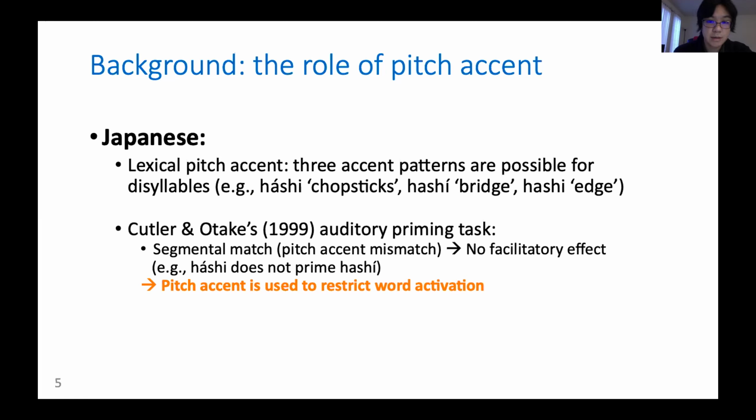Cutler and Otake conducted an auditory priming task, and they found that when primes and targets are matched segmentally, but mismatched in terms of pitch accent, they didn't observe any facilitatory effect. So for example, listening to initially accented hashi does not prime finally accented hashi. And this clearly suggests that pitch accent is used to restrict word activation, like in the Spanish and Mandarin Chinese cases.